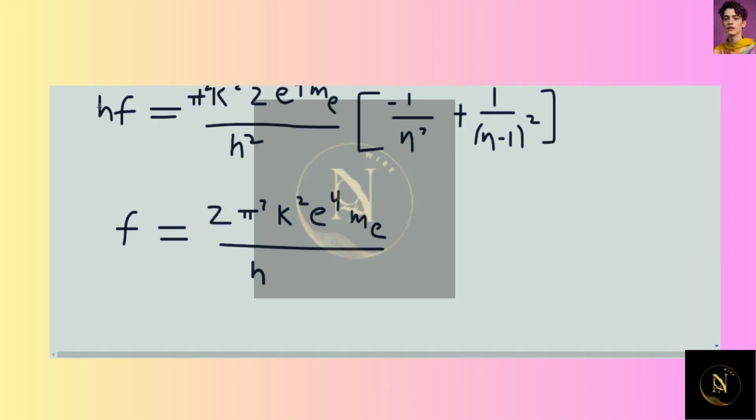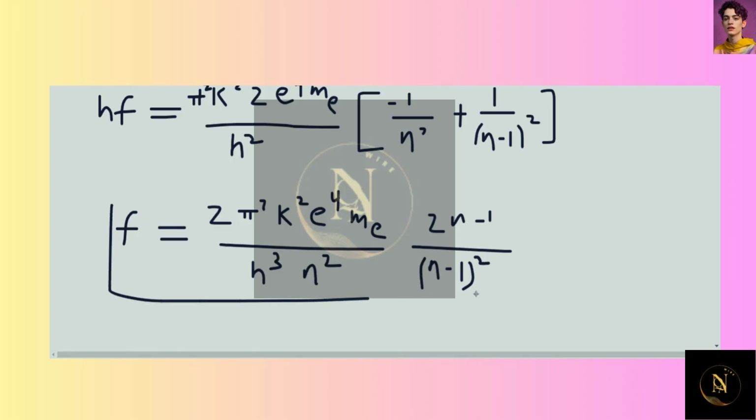Because it was squared, but we divided both sides by Planck's constant to get the frequency by itself, times n squared multiplied by 2n minus 1 divided by n minus 1 squared. We can box that in as the answer for part A.